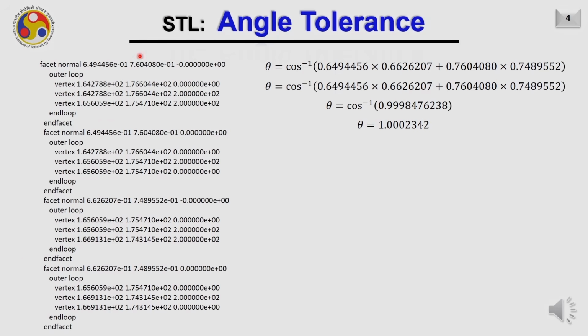So those 4 triangles were copy pasted here, and you can see that these 2 have the same facet normal and these 2 have the same facet normal. Now my objective is to find the angle between the facet normal of this triangle and the facet normal of this triangle.